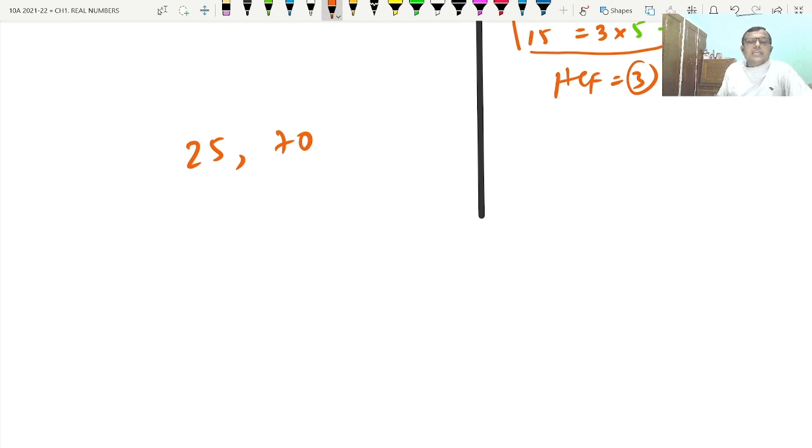Again you divide by the second divisor. If the remainder is not 0, then you have to divide again. Like for example, this one is 70. By the smaller number you have to divide the bigger number. How many times will it go? 2 times 25 is 50. Remainder is 20.